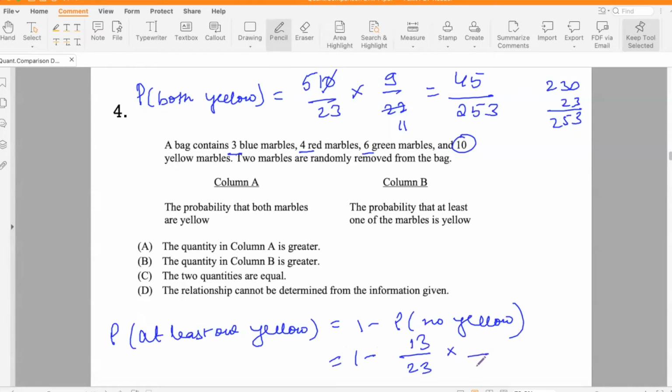And then you have 22 left, and again, you select one out of the remaining 12, right? So this is the probability of no yellow. So this is 6 and this is 11. So 1 minus 78 by 253. So that will be 175 by 253. So if you compare this and this, you can see that the probability in column B is greater.